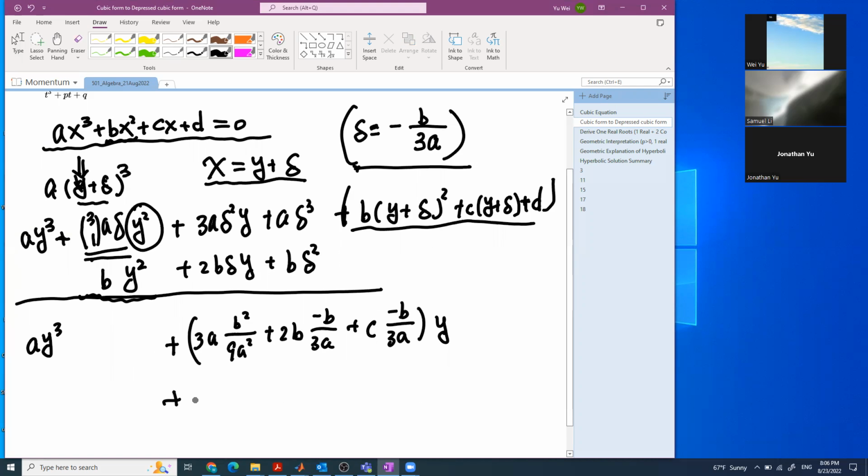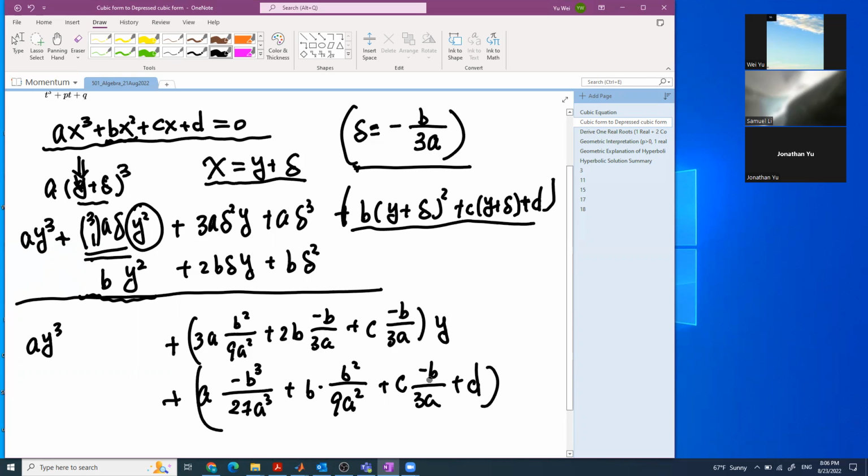The constant term will be a times negative b cube over 27a cube, plus b times delta square, which is b square over 9a square, plus c times delta, which is negative b over 3a, then plus d equals 0. Any questions so far? No problem, right?